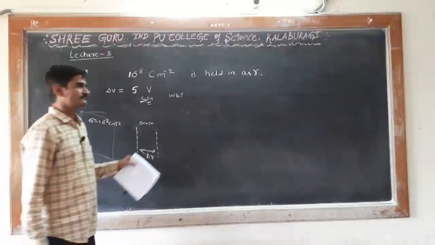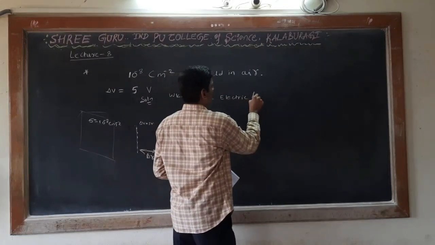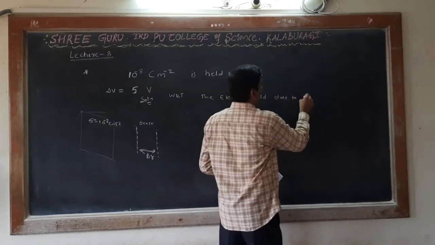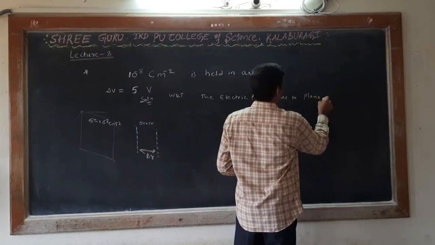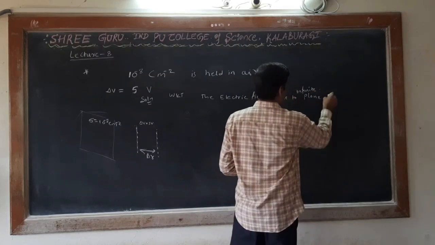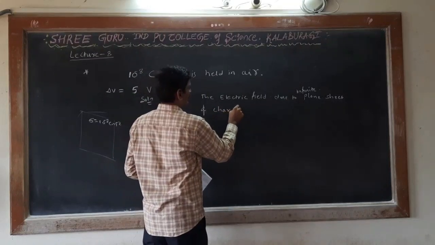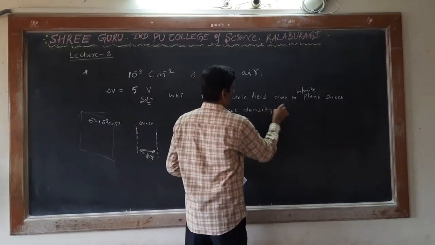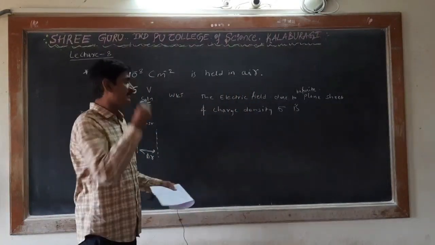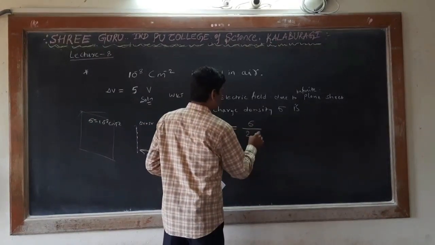We know that the electric field due to an infinite charged plane sheet of charge density sigma is given by E is equal to sigma divided by 2 epsilon naught.